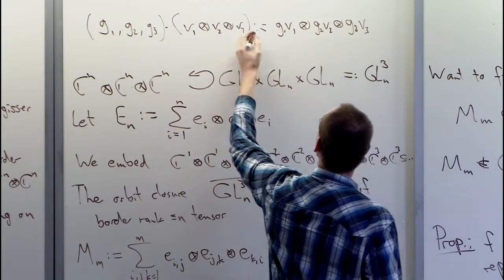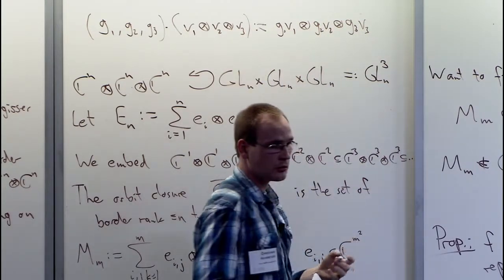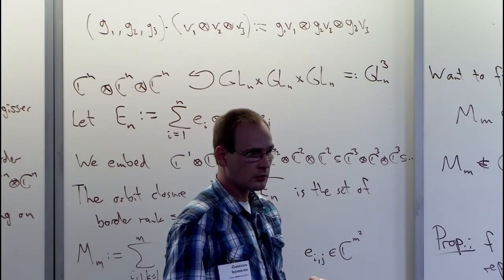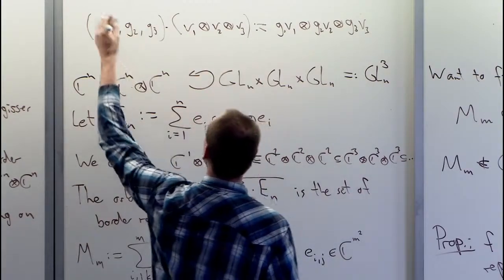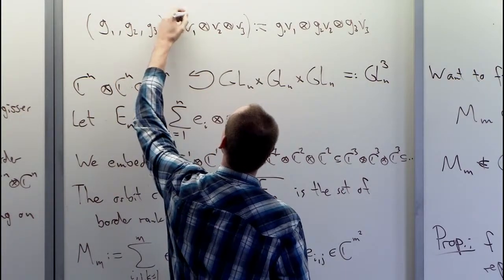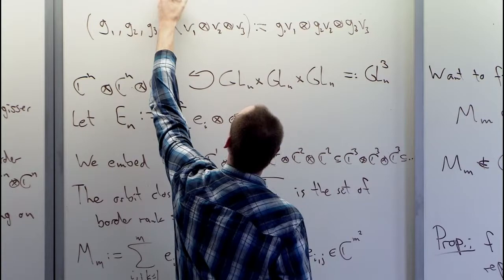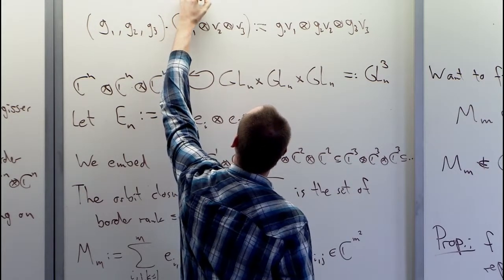That's how it acts. But v1, v2, v3 are in C^m. Well, if it's GL_n, then this is in C^n. So those are in C^n. But this matrix multiplication tensor is in C^(m squared).